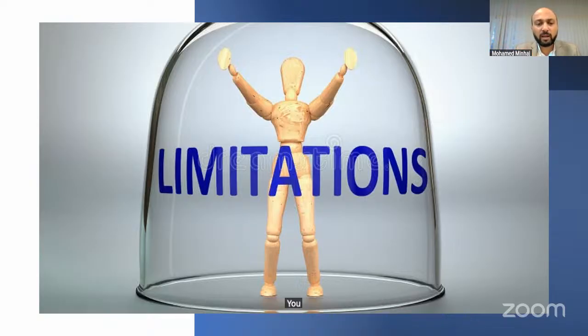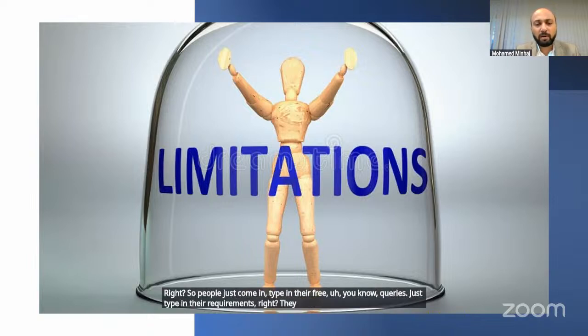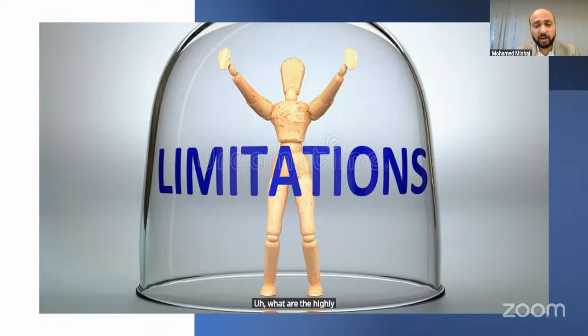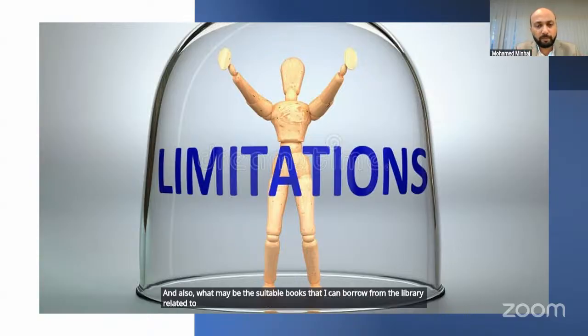You want that to become like a free chatbot. People just come in, type in their free queries, their requirements. They may say, I am researching this particular topic, I would like to know what the highly cited papers related to this are in your collection, and also what suitable books I can borrow from the library related to this domain.